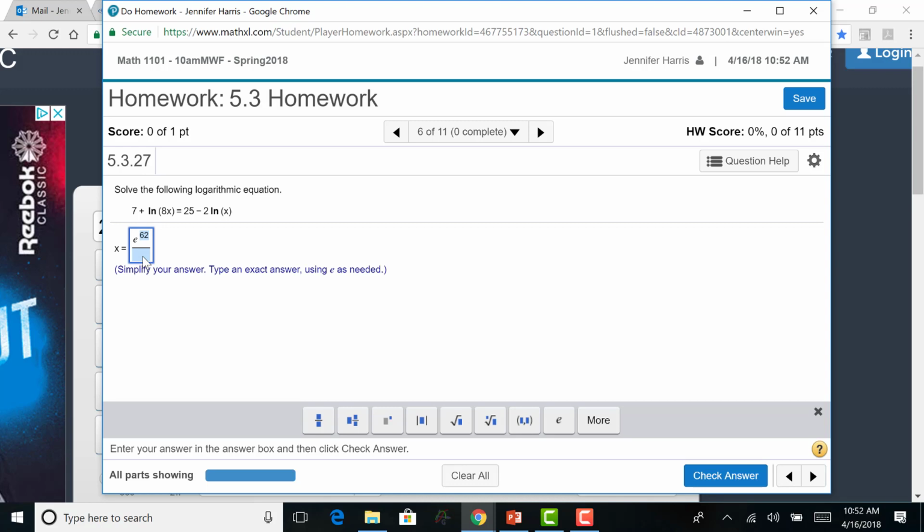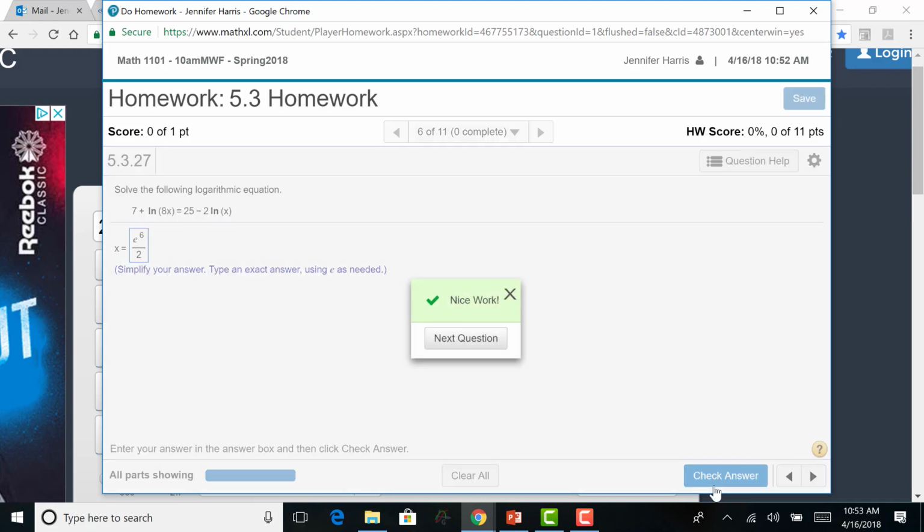Nope, I didn't mean to put a 2 up there. Backspace that out. Raised to the 2 power. Nope. Come down here, put a 2. And let's check it. He likes it.